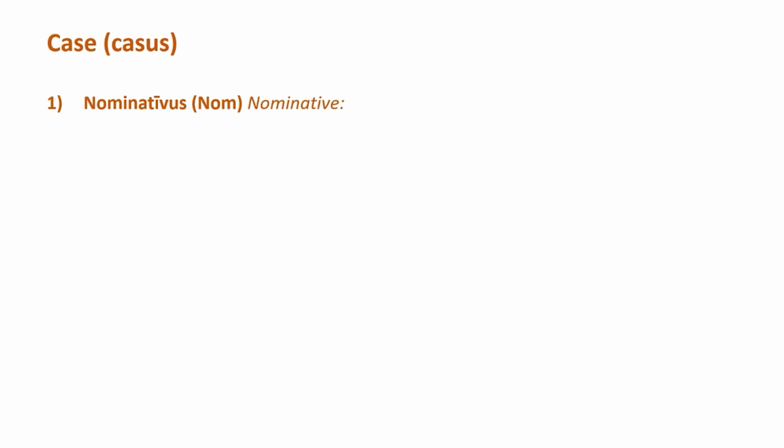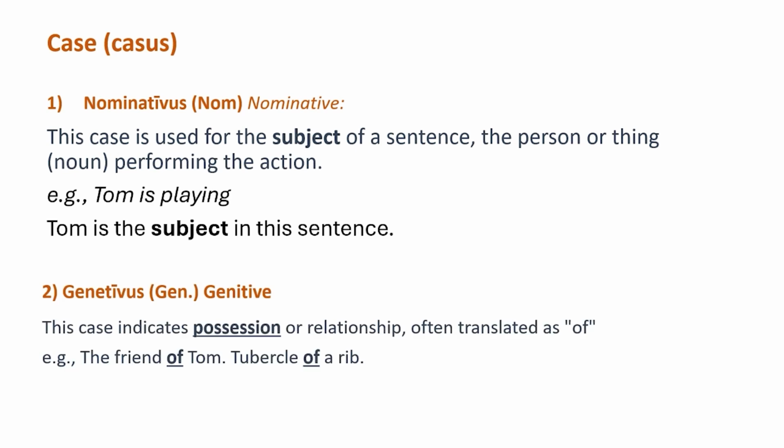As I mentioned, case or casus, there are two that we are going to focus on: the nominativus and the genitivus. The nominative case is used for the subject of a sentence. I will give you a very simple example here: Tom is playing.